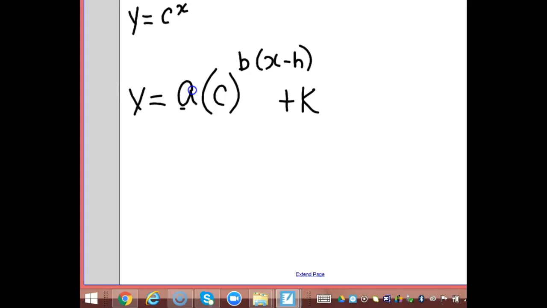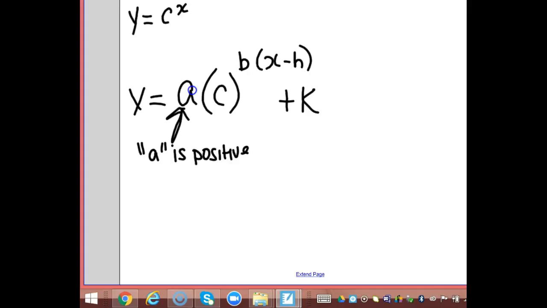Okay, and then these pieces are all the things that are going to make transformations happen with it, right? So if we look at A, does anybody remember what that number in the front does? Okay, yeah, so it could be a reflection, right? So if A is positive, we have no reflection.